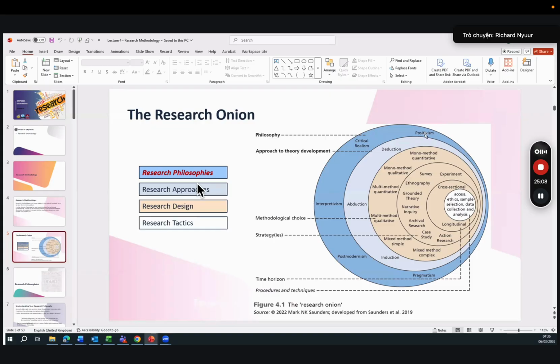So you start from explaining positivism, deduction, quantitative approach, and then what type of quantitative instrument will you use? Will it be questionnaires, surveys, or data that is already there that you can use? And then would it be just a cross-sectional, a one-time snapshot?